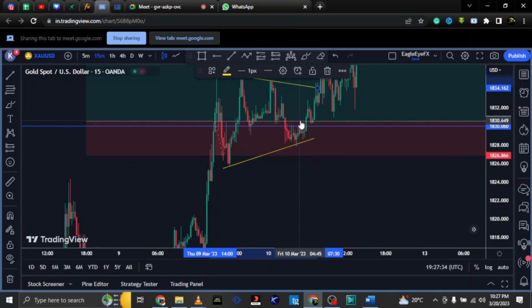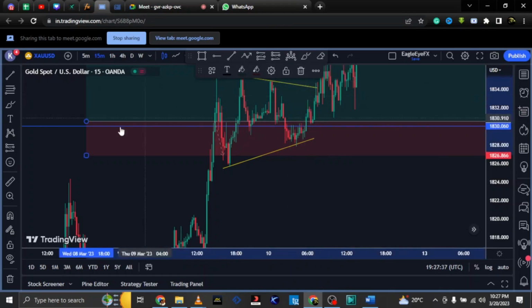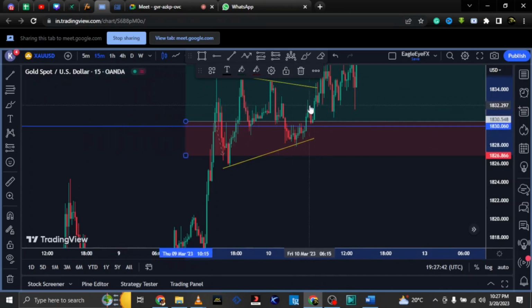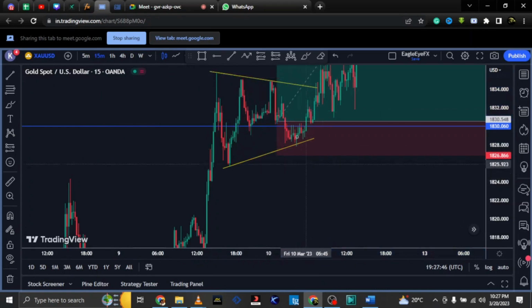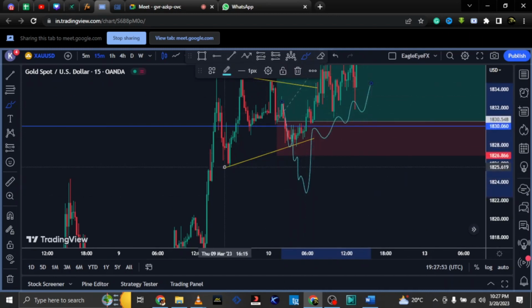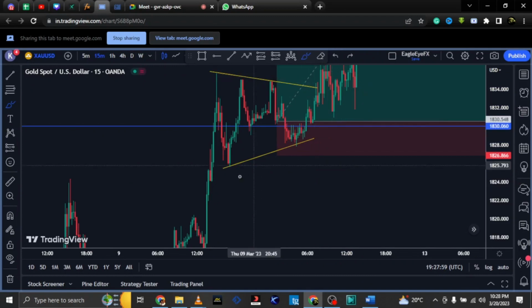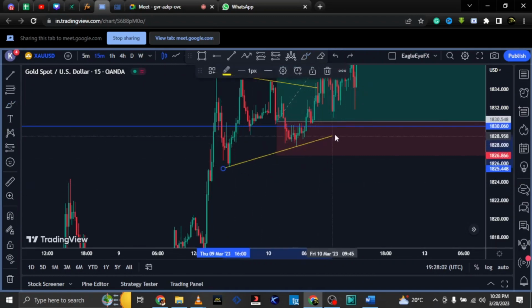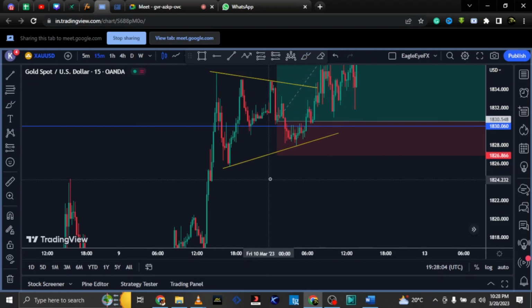I placed this buy limit because I just placed this tool. I wanted to see how this market would play out. Normally, it can do this, and remember, it can actually come all the way to this level to give us a double bottom before it goes to the upside. But no, it was not here, it was here.